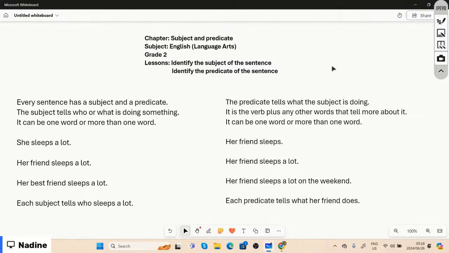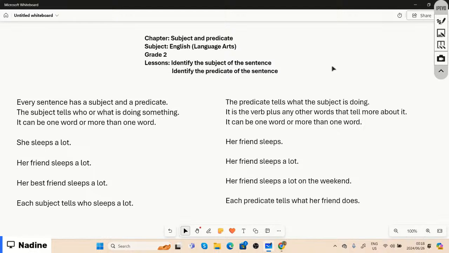Remember, a sentence starts with a capital letter and ends with an end mark. We said a subject tells us who or what is doing something, and a subject can be one word or more than one word.